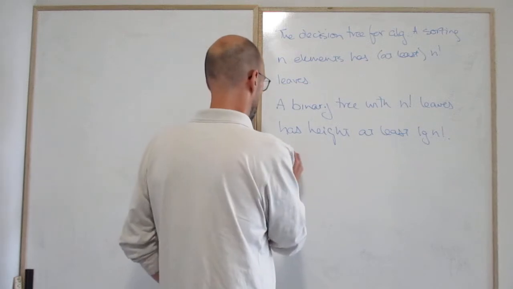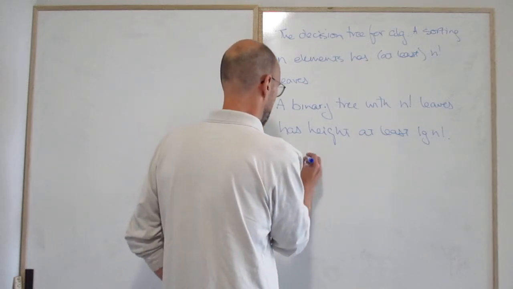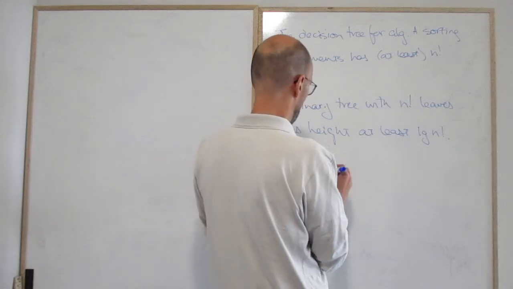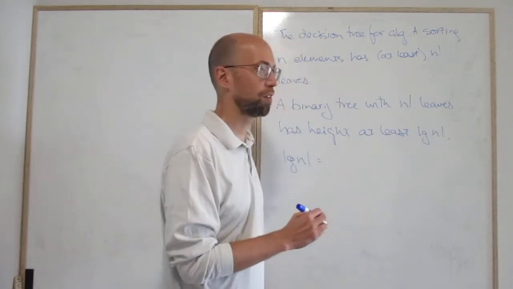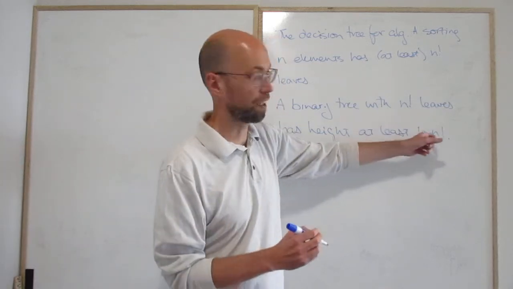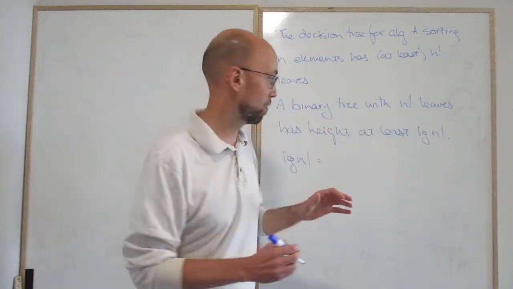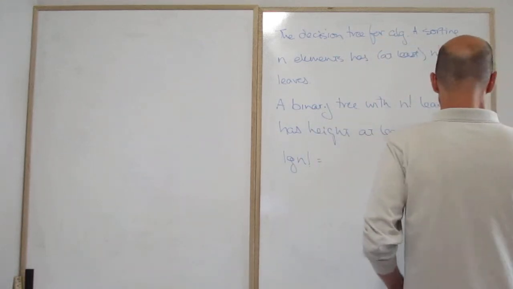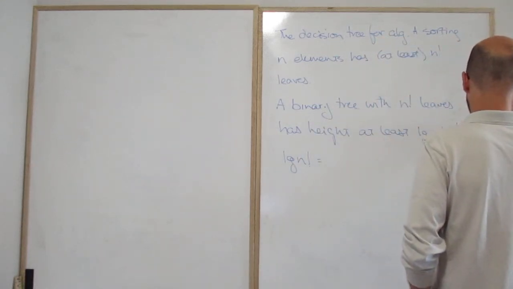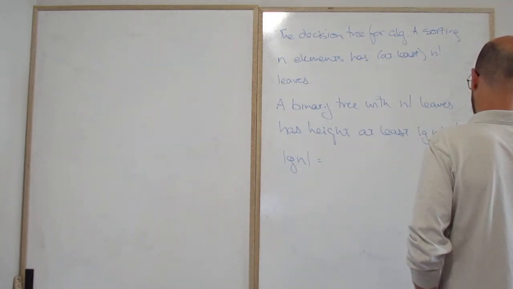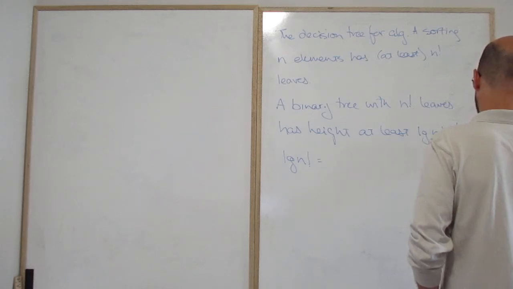So, what is log n factorial by Stirling's formula? No, we didn't actually see log n factorial. We saw ln n factorial, which is ln n factorial over ln 2. Am I getting this?